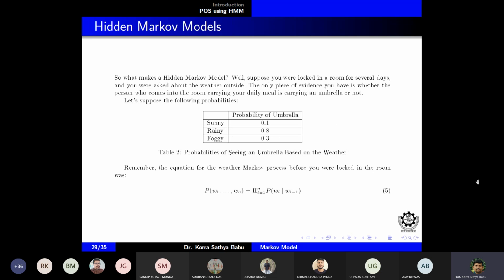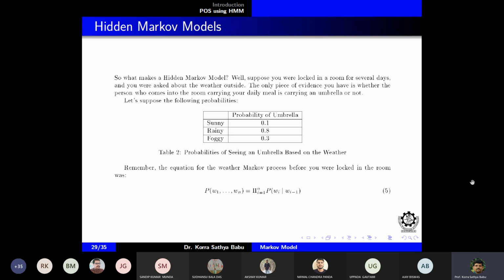Now comes the hidden Markov model. Okay. Suppose you were locked in a room for several days and you were asked about the weather outside. The only piece of evidence you have is whether the person who comes into your room carrying your daily meal is carrying an umbrella or not.